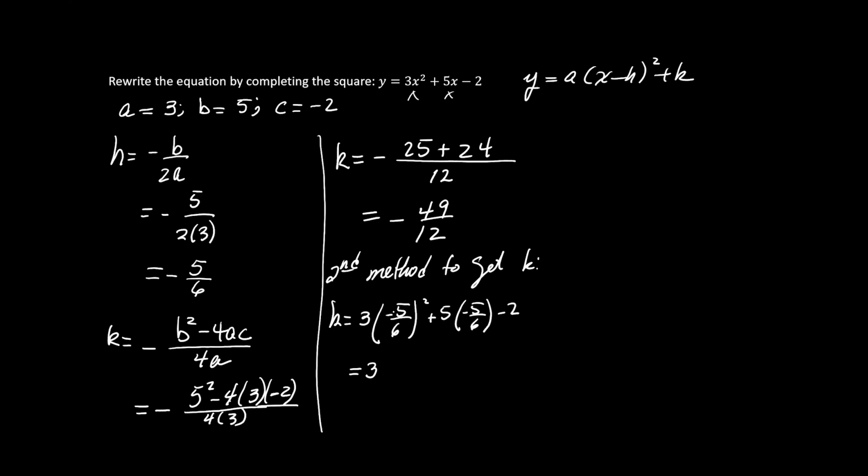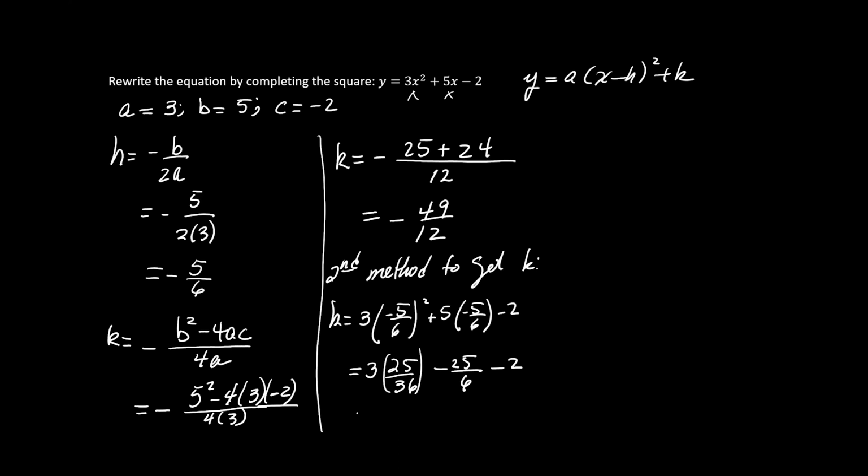Here's the 3, this is 25 over 6 squared, which is 36, plus 5 times negative 5, which gives me a negative 25 over 6, and now I have a negative 2.